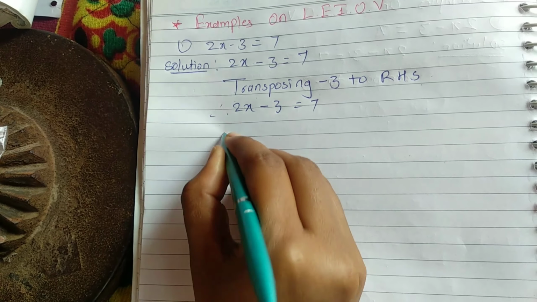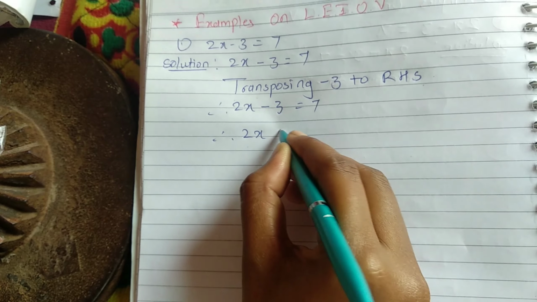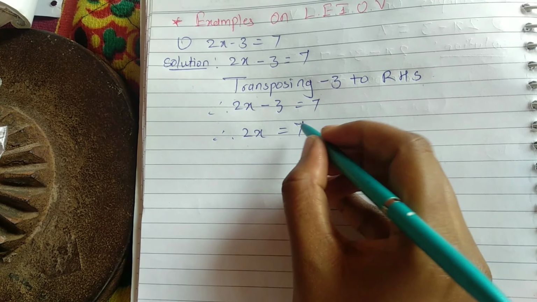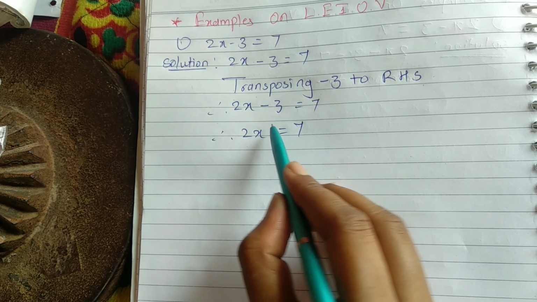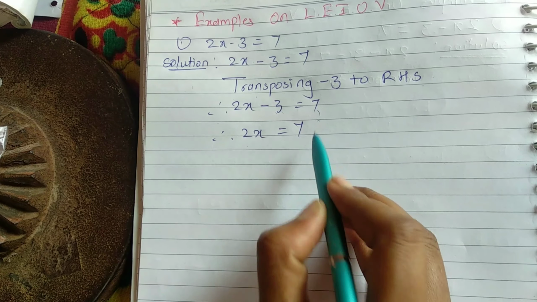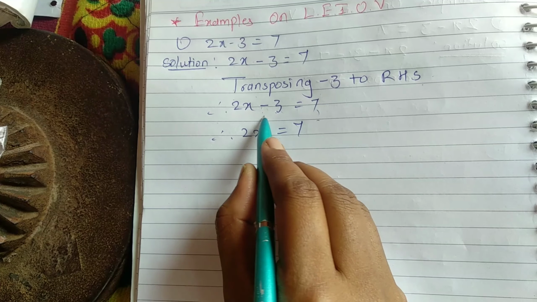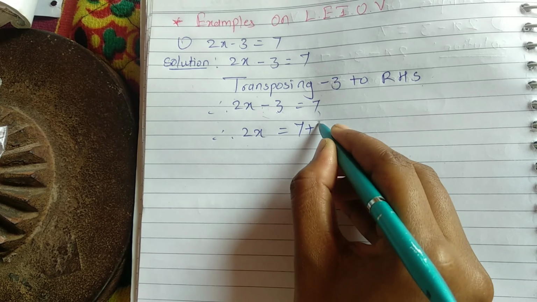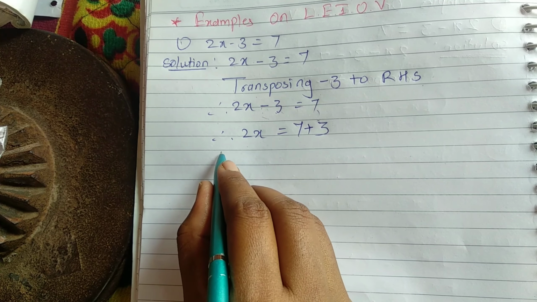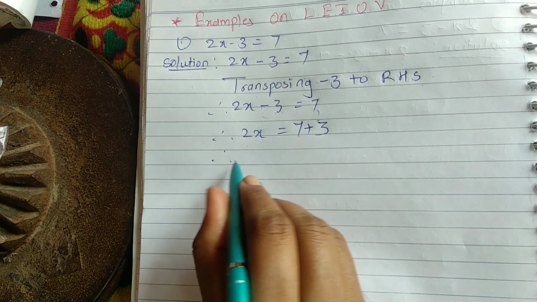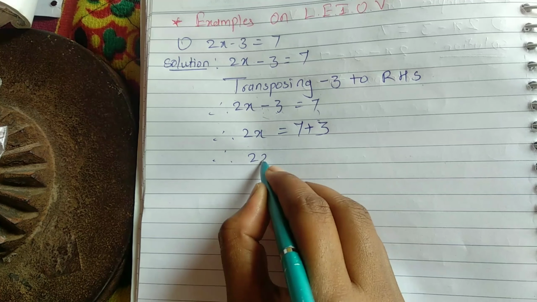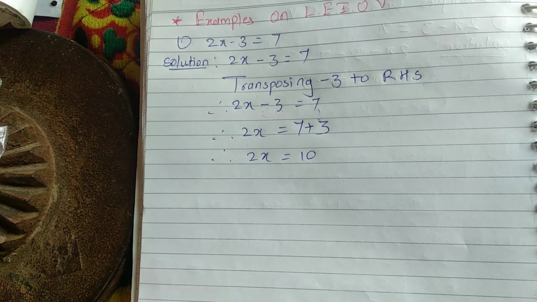So 2x is equal to 7. When we take -3 to RHS, the sign will change; -3 becomes +3. Therefore 2x is equal to 10.